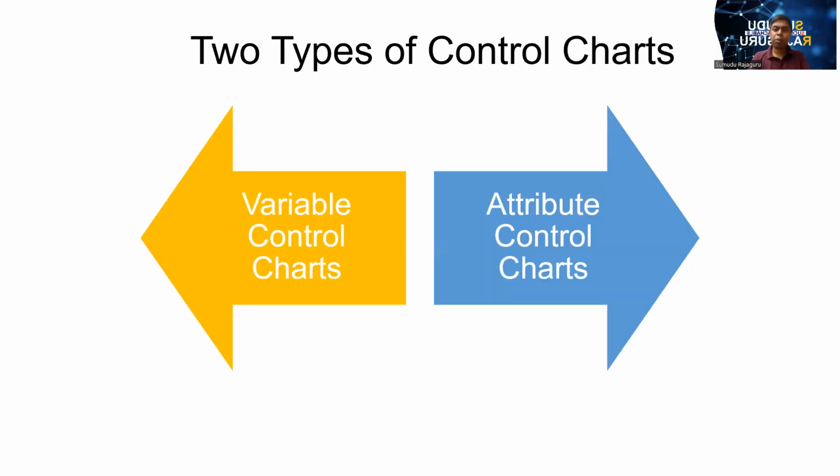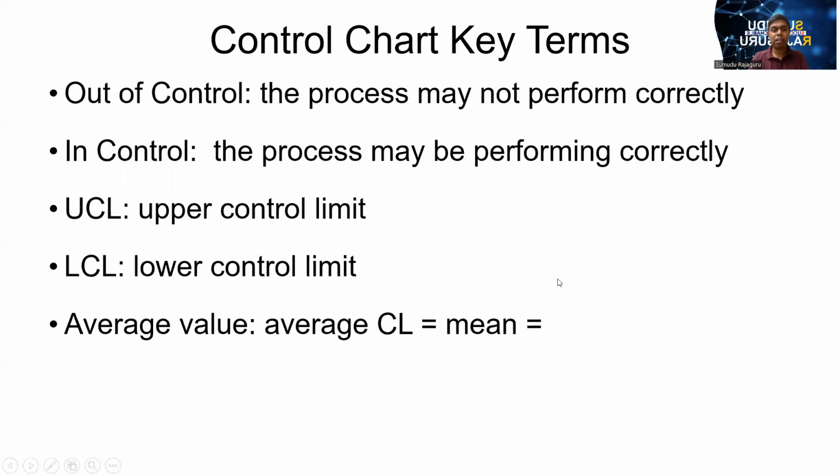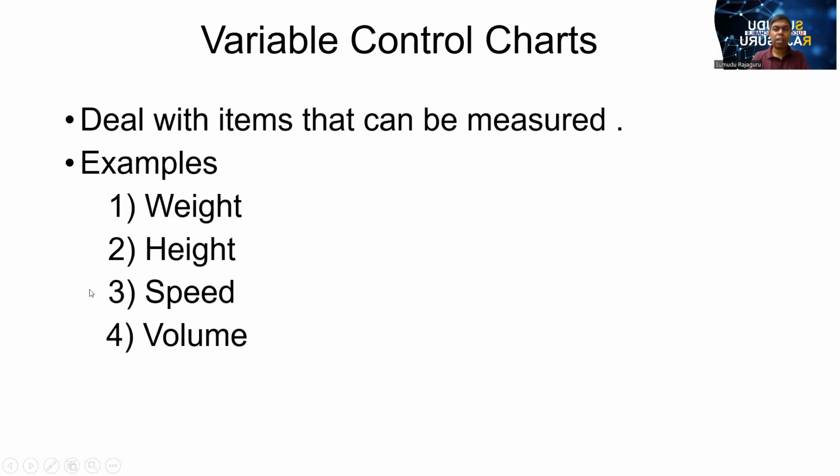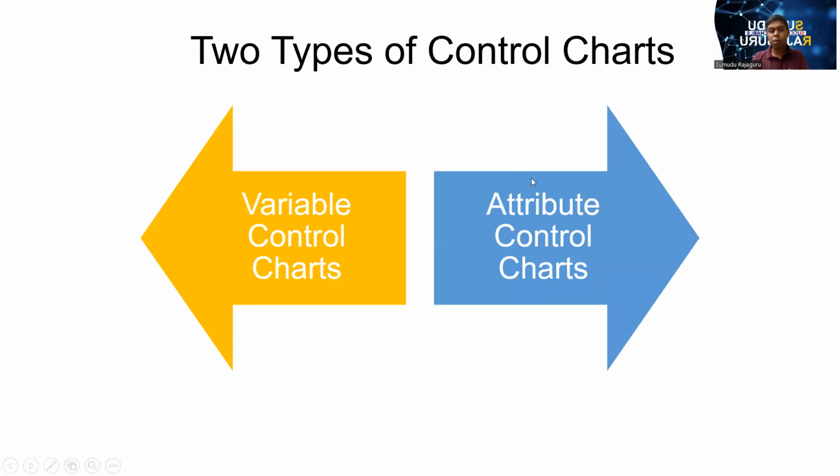There are two types of control chart, variable control chart and attribute control chart. What is a variable control chart? Anything we can measure using some unit is called a variable, for example weight, height, speed, volume, length. What is an attribute? Variable means something we can measure.